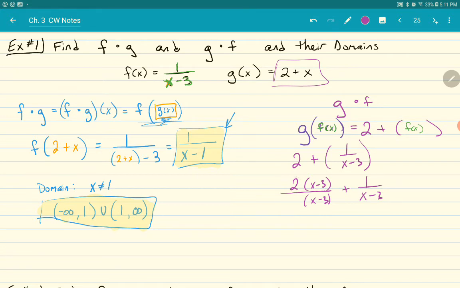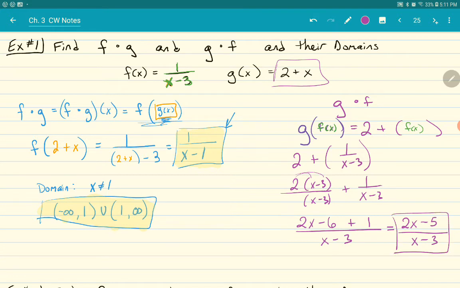I'm going to distribute this 2, and I get 2x minus 6 plus 1 all over x minus 3, which I can combine the negative 6 and the positive 1, and I get 2x minus 5 over x minus 3. There's my final composite function of g of x, g of f.